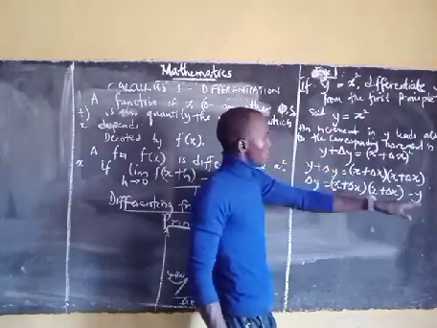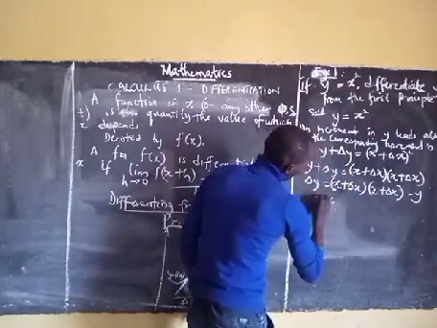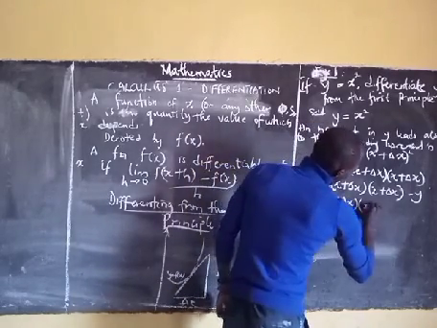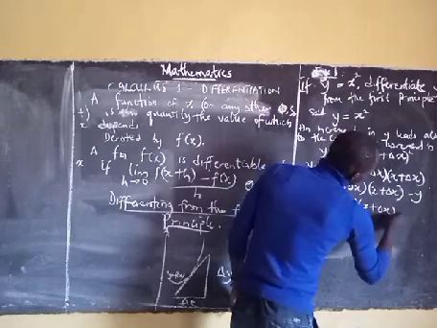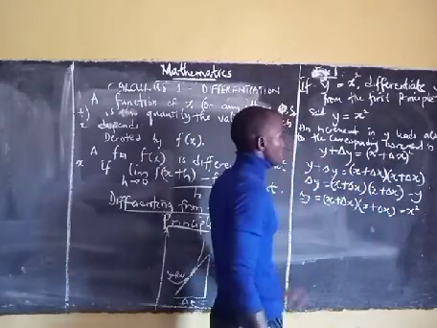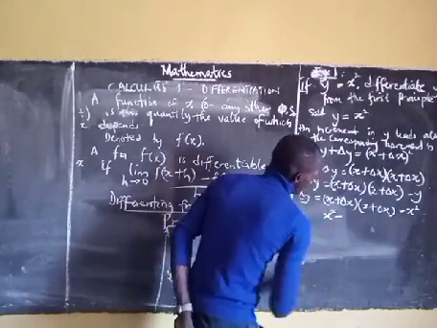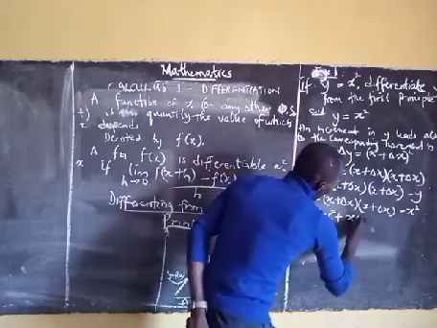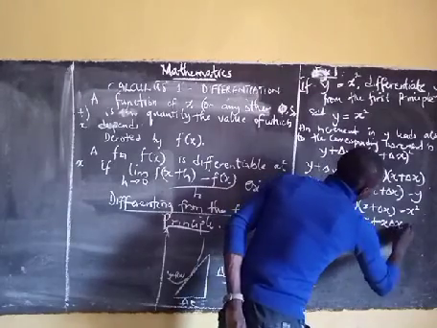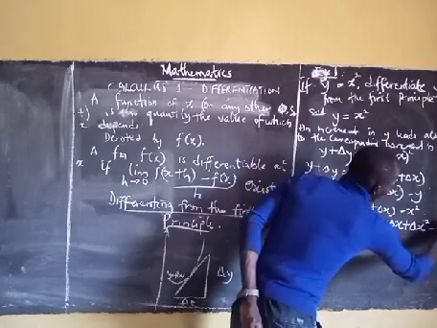From this point, we were given that y equals x squared. So change in y equals x plus change in x squared minus x squared. Let us expand this. This results in x squared plus x change in x plus x change in x plus change in x squared minus x squared.